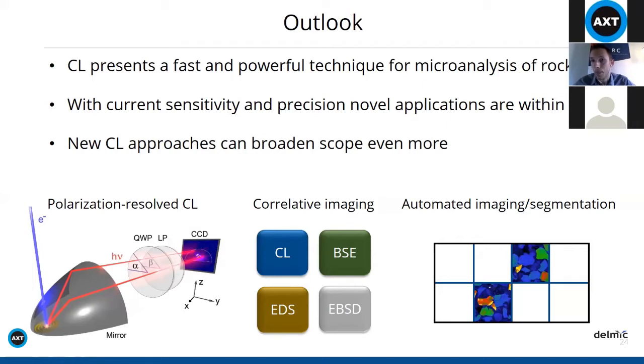There's also a push towards more automated, large area imaging, where you automatically scan a whole thin section, for example, and do automated segmentation and quantification of your sample, which is very beneficial for a more industrialized form of cathodoluminescence.